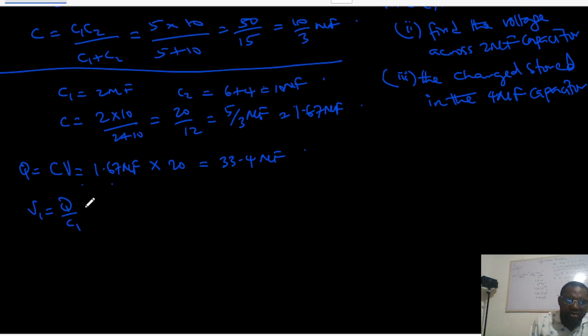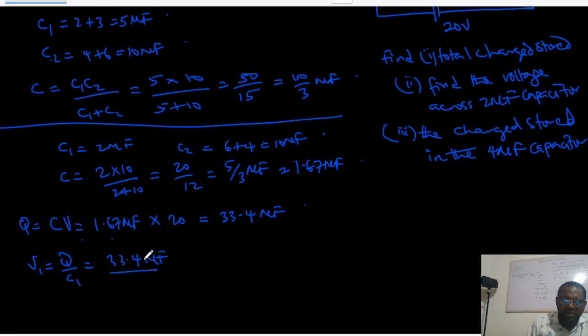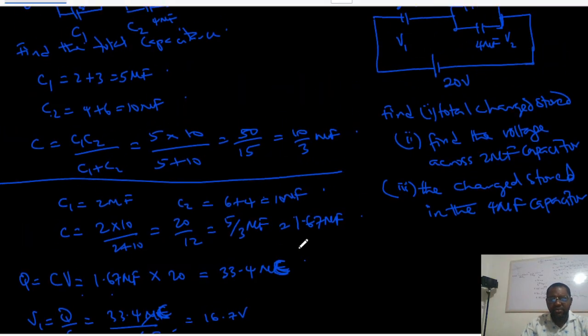So your Q is still 33.4 microcoulomb, divided by C1, which is 2 microfarad. Sorry, the unit for charge is microcoulomb. So micro cancels micro. 33.4 divided by 2 gives me 16.7. So this is 16.7 volts.